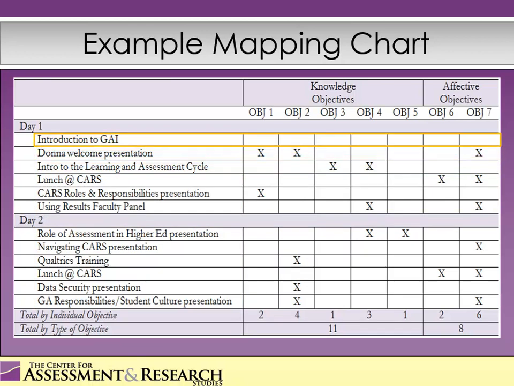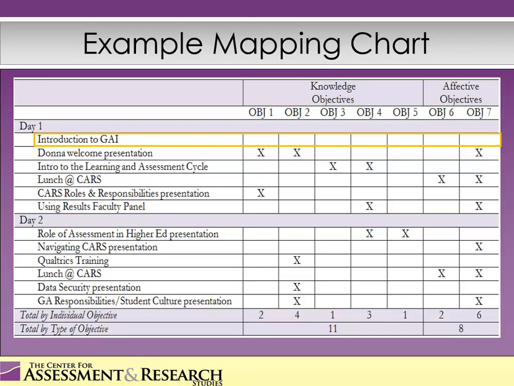We can see that the first session of the first day of the GAI is Introduction to the GAI. The first thing that we should notice is that this particular session or this particular aspect of our programming is not mapped to any of our objectives.